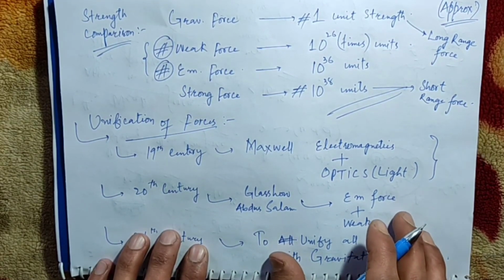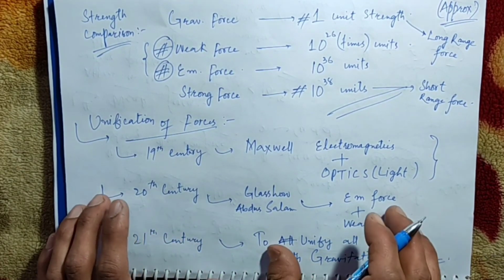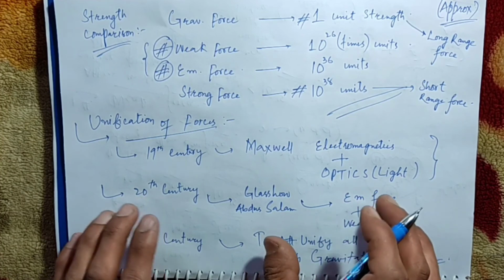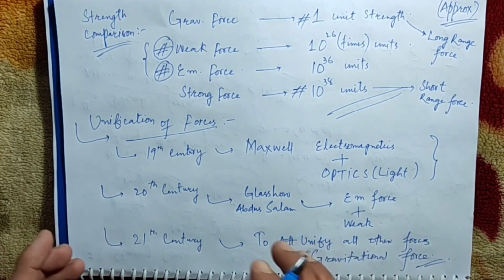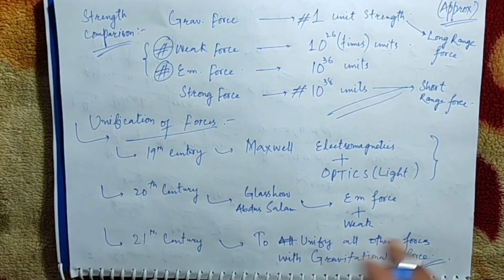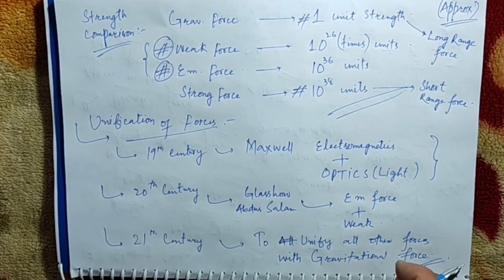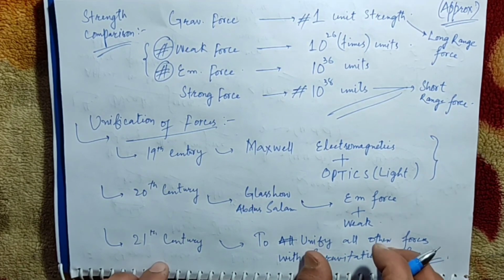Some scientists call it the theory of everything. So attempts are being made, but it is not successful yet, to unify all the forces of nature.